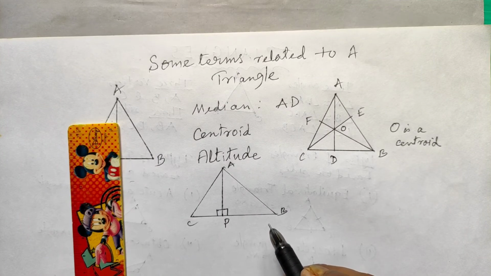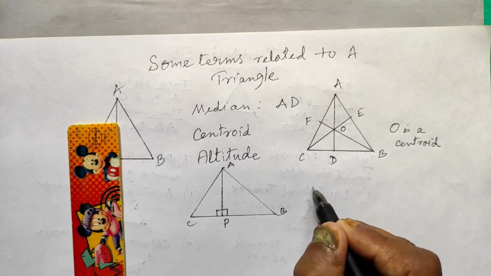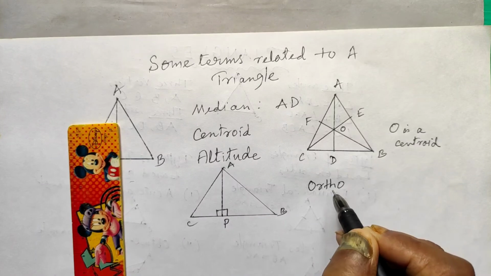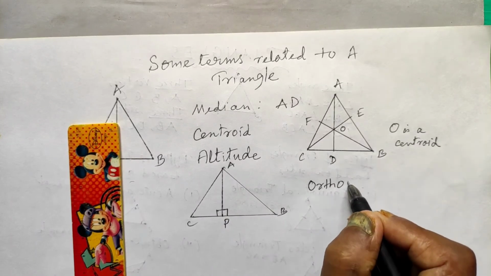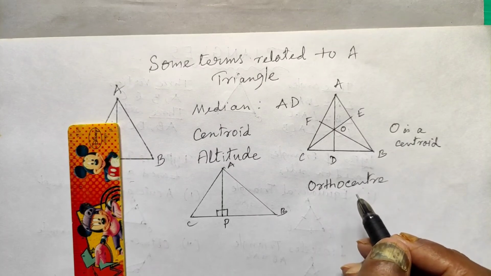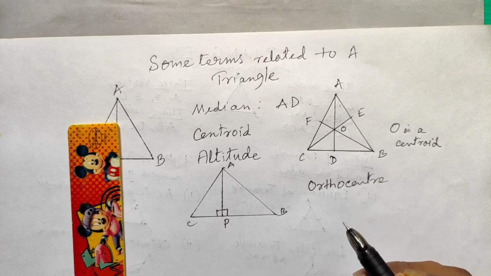Besides that, there are some more things, like orthocenter. What is orthocenter? The point of intersection or concurrence of the three altitudes of a triangle is called orthocenter.